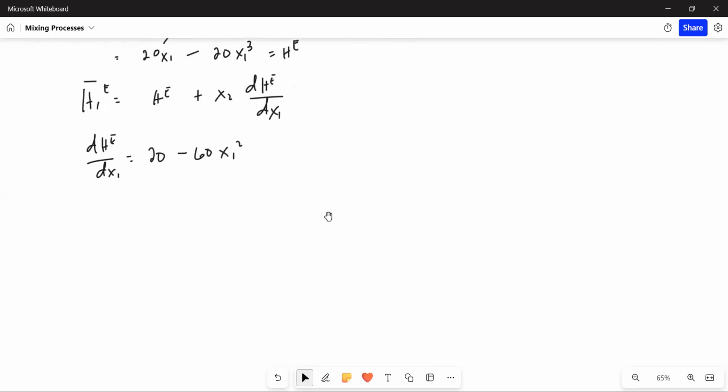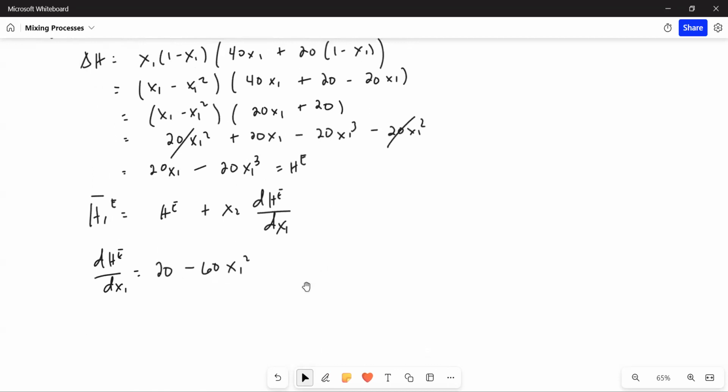Next, we substitute everything back into the partial molar equation. H1E is equal to HE, which is 20x1 minus 20x1 cubed, plus x2. Now we want to remove x2, so just replace that with 1 minus x1.